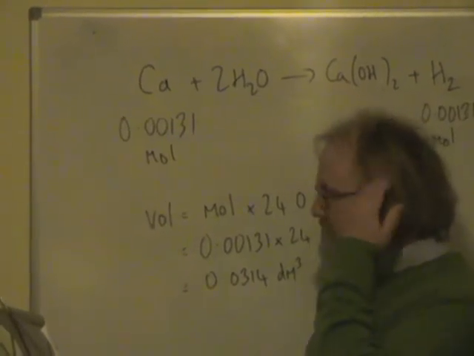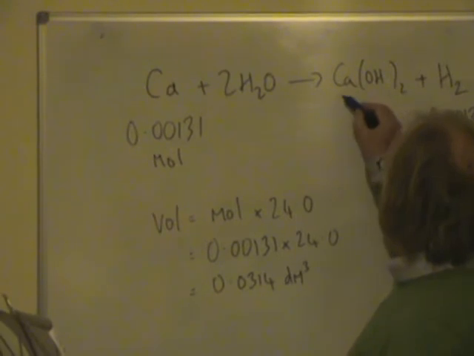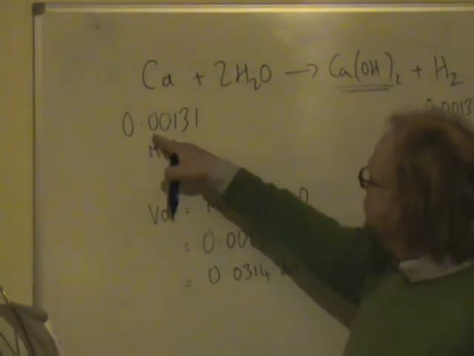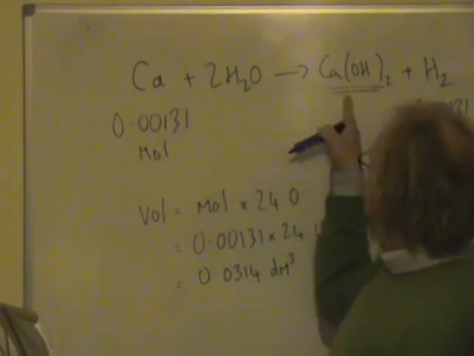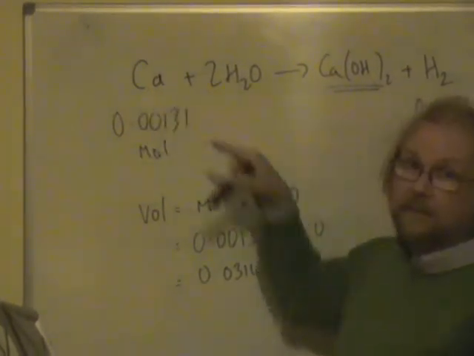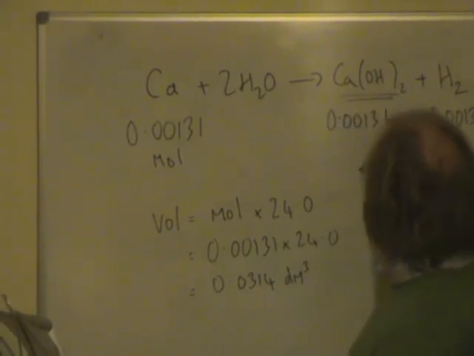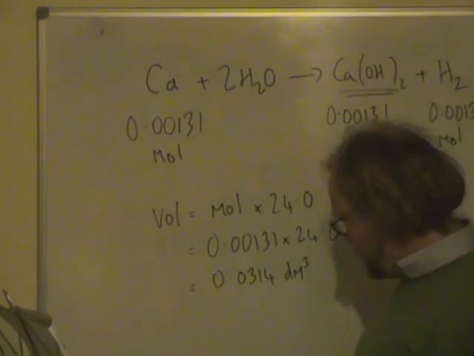So what it's saying is that we've generated this calcium hydroxide in the reaction, and you can see, again from the equation, that the number of moles of calcium hydroxide is the same as the number of moles of calcium that went in. So you'll have 0.00131 moles of that as well.